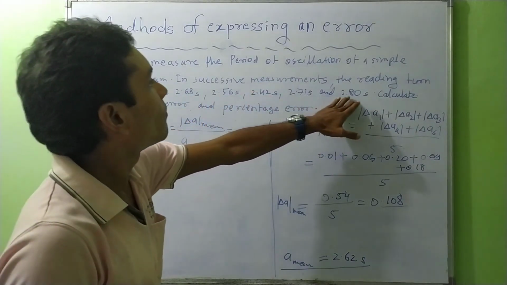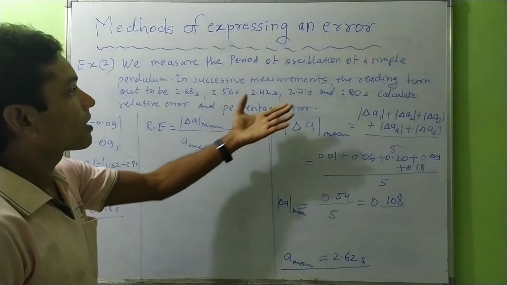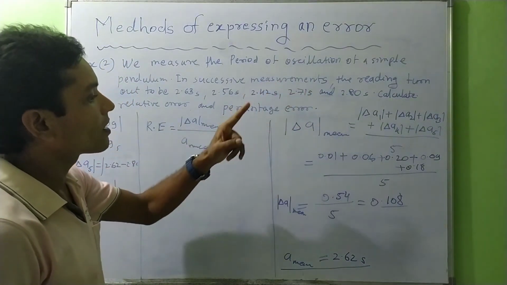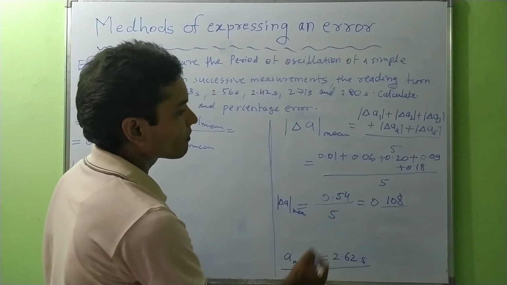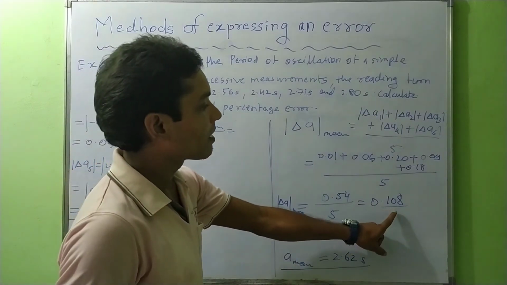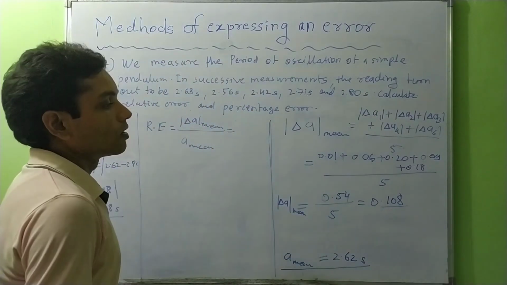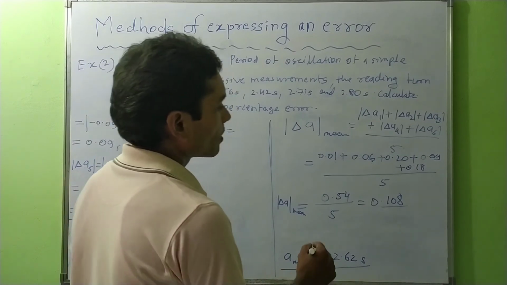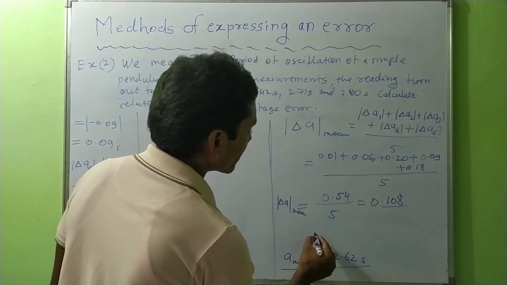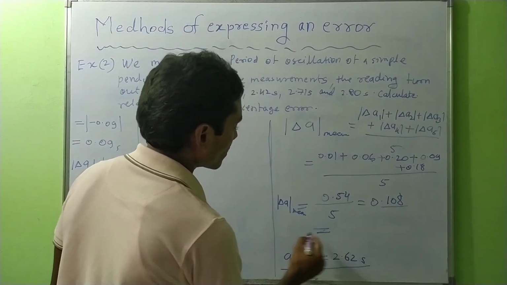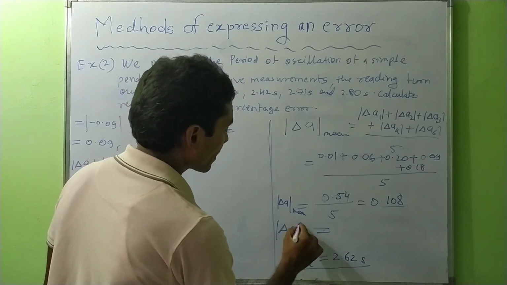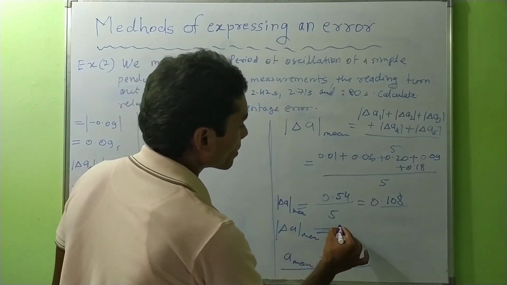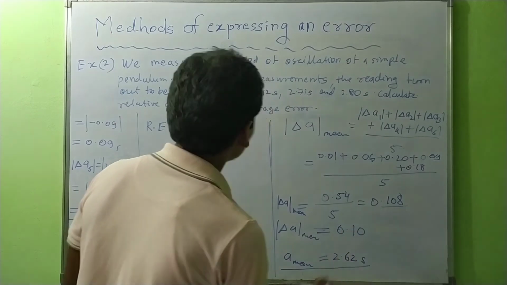So on rounding to the second place, del A mean will be 0.10.